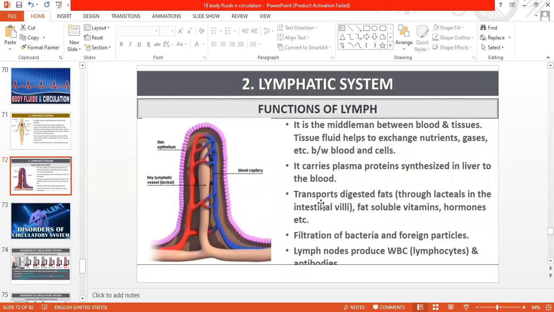It transports digested fats through the lacteals. Lacteals, you can see over here, are present in the intestinal villi, and it transports digested fats, fat-soluble vitamins, hormones, etc. Filtration of bacteria and foreign particles takes place, and lymph nodes produce a type of WBC known as lymphocytes, and antibodies.